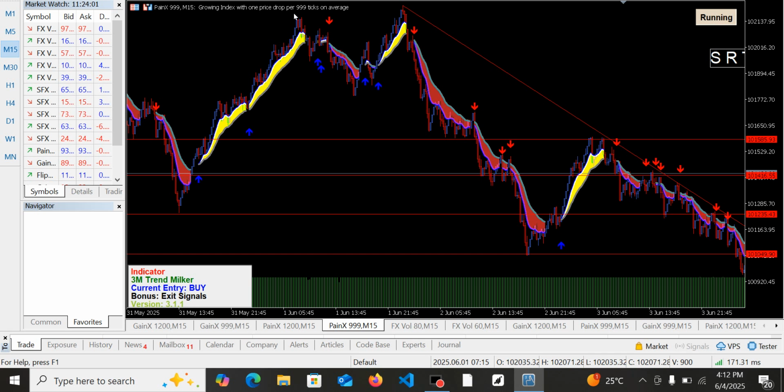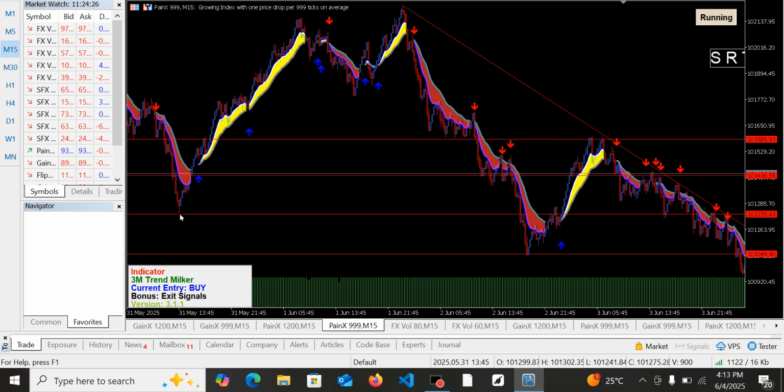It finds it difficult to break out above this, pulled back, went back up again, still unable to break out above it. Since it's unable to break out above it, it's going to change the trend of the market at that particular point. It was on an uptrend before, so it now changes into a downtrend. That is why we are having the red flag, the trend signal popped up, and of course the sell signal also popped up.